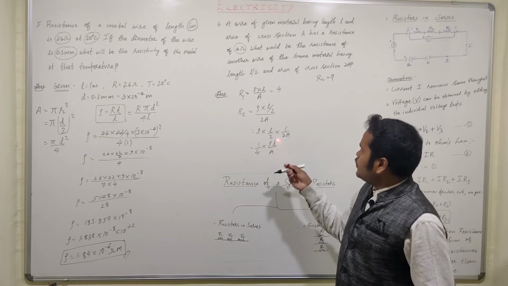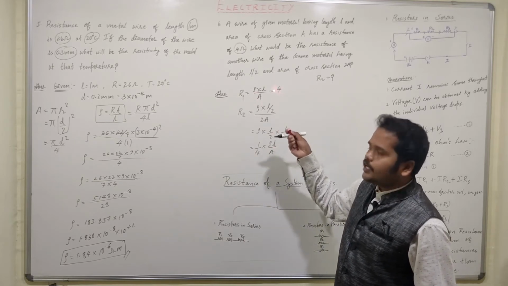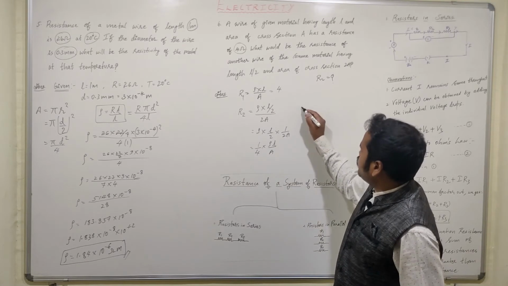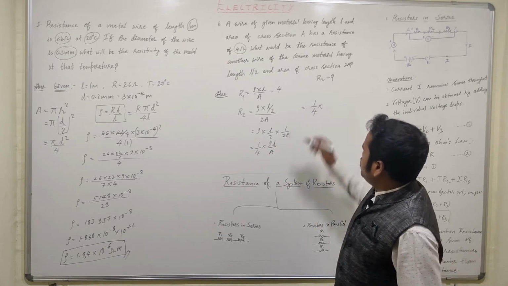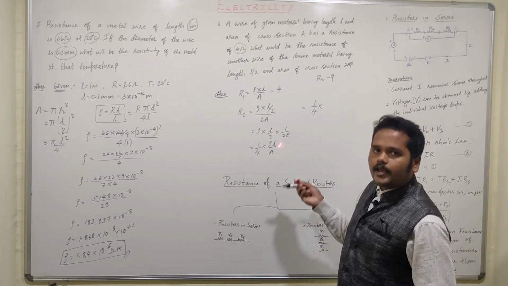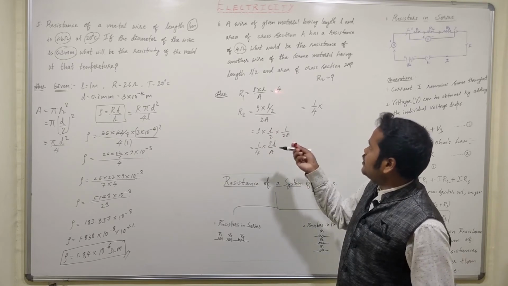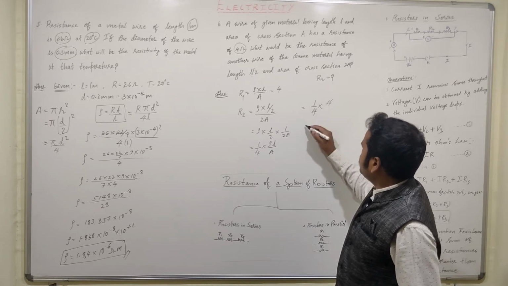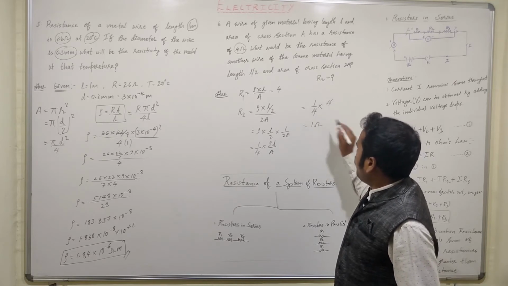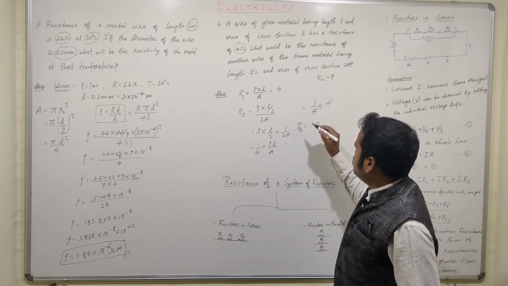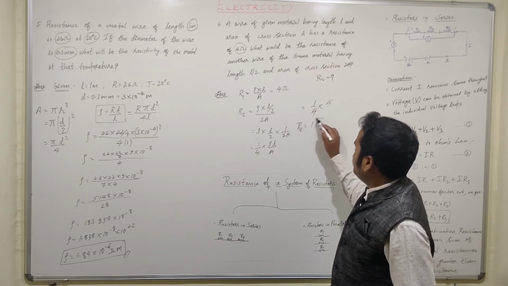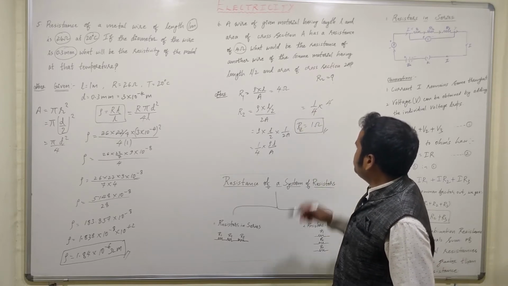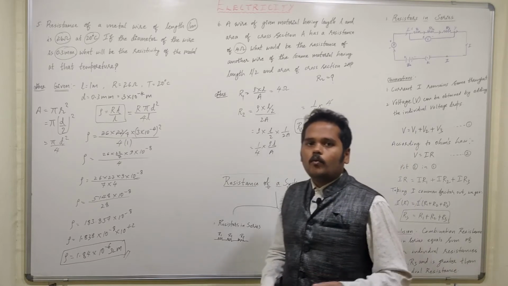Now what is rho into L by A? Rho into L by A is 4. So 1 by 4, this entire rho L by A is replaced by the number 4. So cancel the 4s, we have 1 ohm. So R2 is 1 ohm, which is the resistance of the second wire.